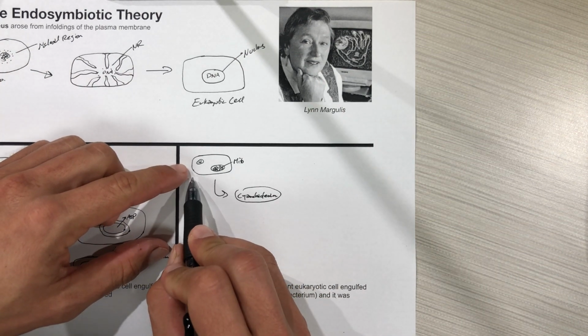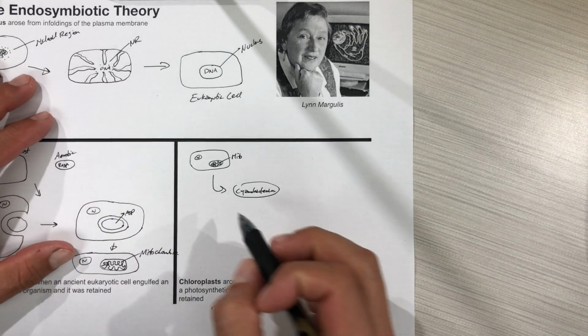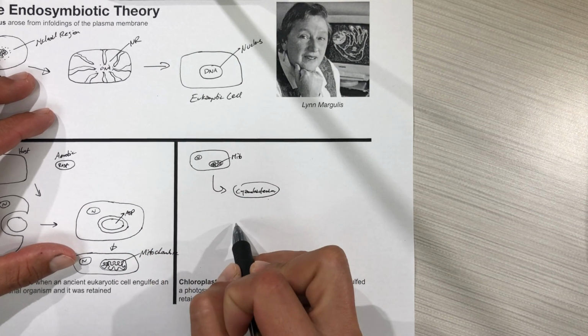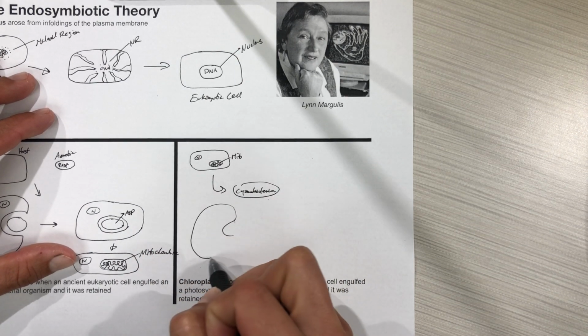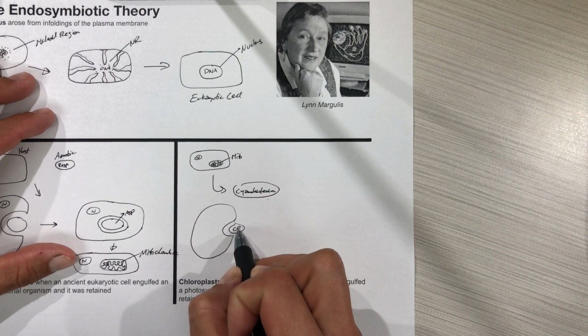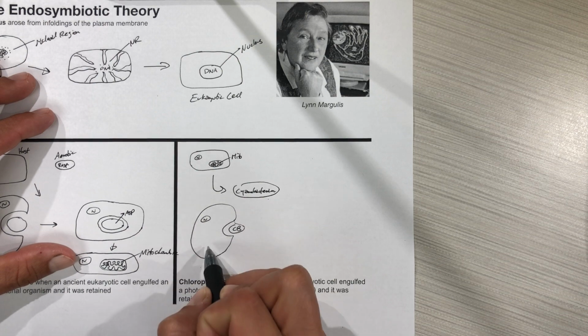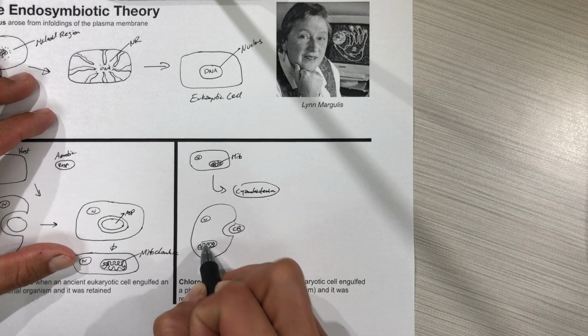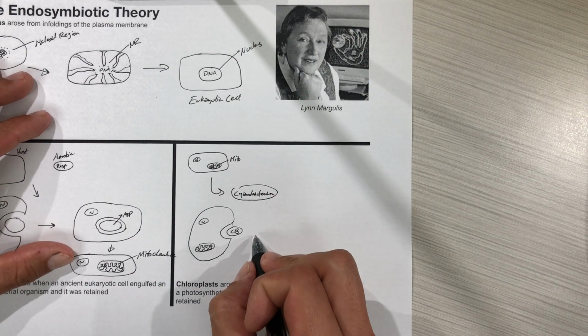So if you are this cell and you encounter this cyanobacterium, you would have eaten it, because remember, these are bacteria. This is a eukaryotic cell. So this eukaryote would have been much larger than this prokaryote. And so here's our nucleus, here's our mitochondria that we talked about before, and it's going to engulf that cyanobacterium.